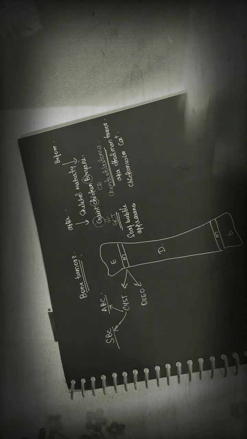There are two types of cyst, that is solitary bone cyst and aneurysmal bone cyst. From the name solitary bone cyst, you know that solitary means a single central cyst, whereas aneurysmal bone cyst will have multiple fluid levels.